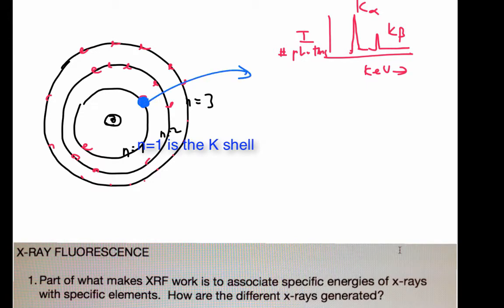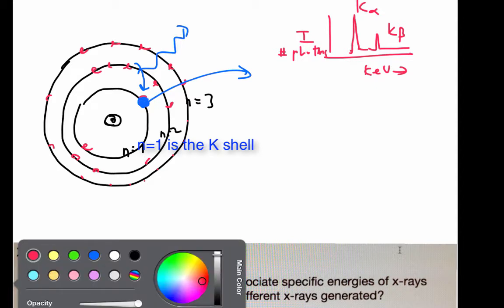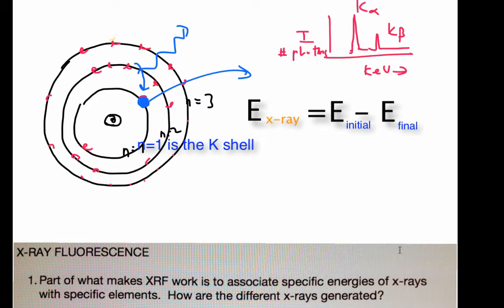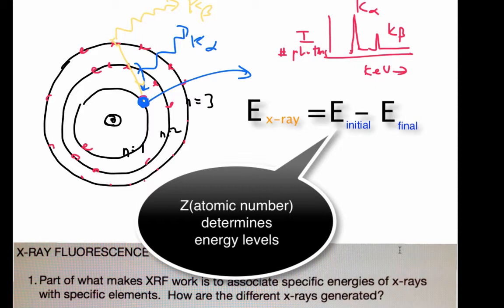That gets replaced either by an electron from this level falling down and emitting an X-ray in the process, or one falling down from a higher energy level like this, dropping down and emitting the radiation required to drop into that level. In this case, this would be K beta, and in this case, this would be K alpha. So this process happens in the inner core of the atom.